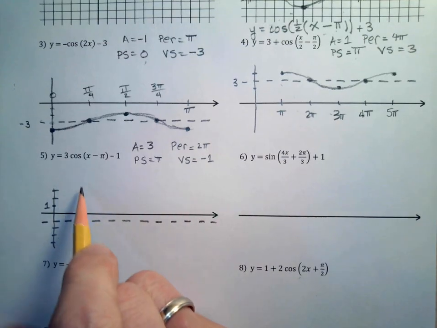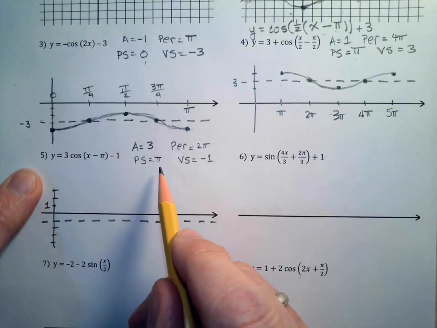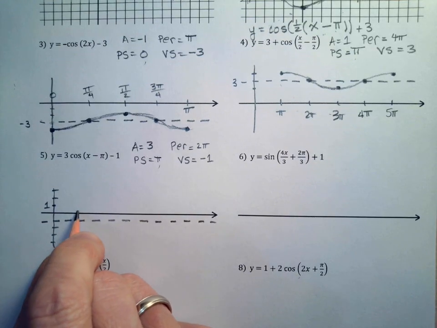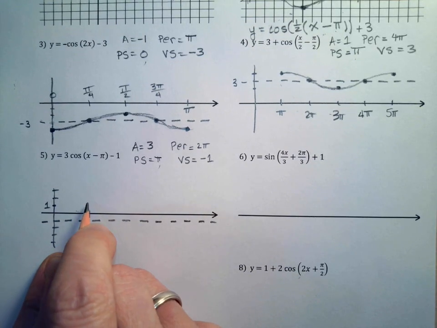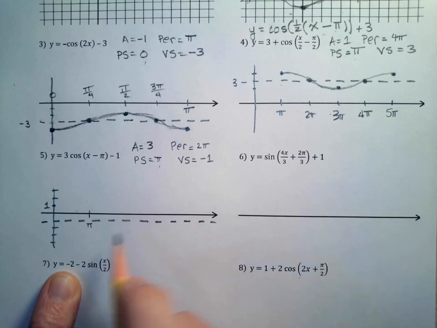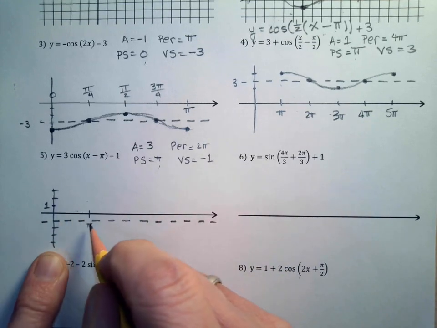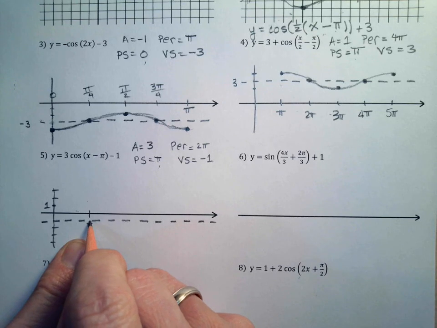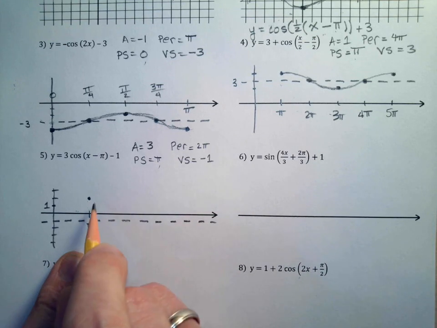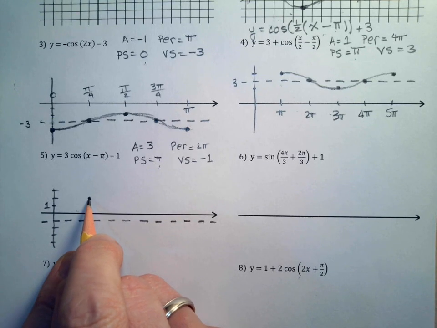So it's cosine, so we're starting above. Our phase shift is pi, so let's go over to pi. And we're going to start 3 above the baseline. So we're at 1, 2, 3 above, so we're at 2.